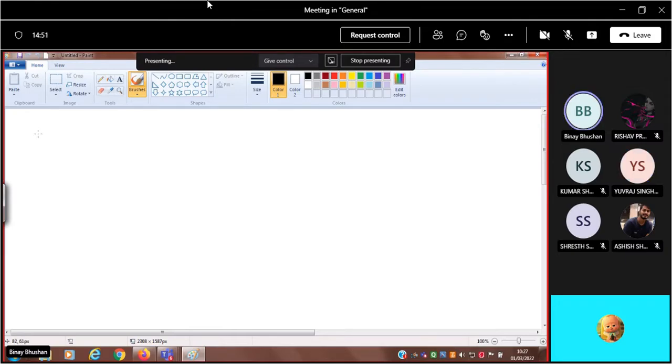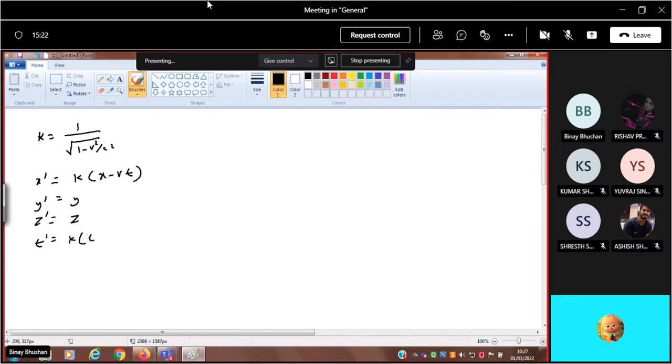So we have seen all expressions, whether it is the Lorentz factor k equal to 1 over root of 1 minus v square by c square, then the Lorentz transformation x prime, y prime, z prime, t prime, right? x prime is equal to k times x minus vt, y prime is y, z prime is z, t prime is k times t minus v by c square x.